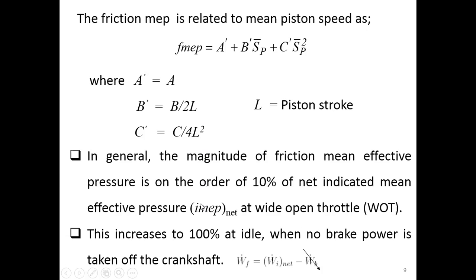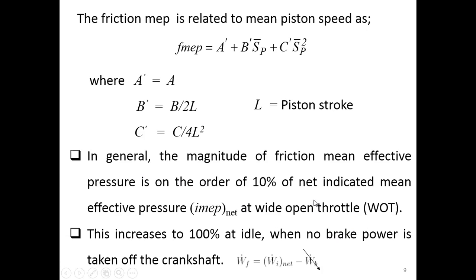Okay, so for the magnitude of the friction, in general, the friction mean effective pressure will be about 10% of the indicated mean effective pressure. At what engine conditions? When the engine is under wide open throttle.